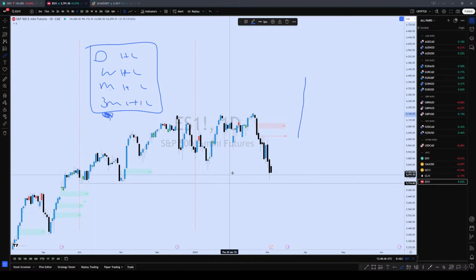So here, the reason why price is coming down is because it's coming for this low, which is a 3 months low. Where did it reverse from? Here, a 3 months high. This red line is indicating a 3 months high. That's where it reversed from, and it's heading for a 3 months low.